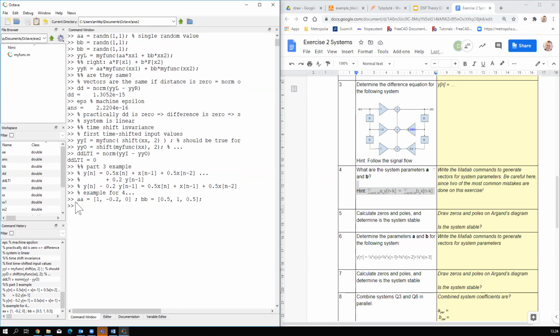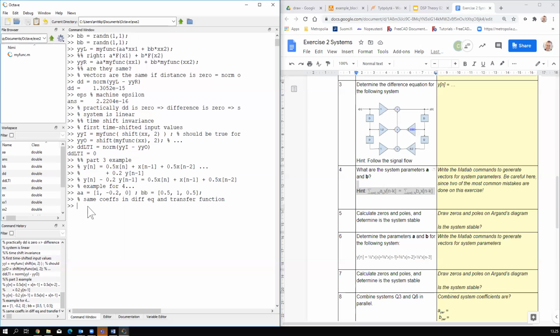But now we have the system defined. And after this, everything is simple, since these are the same coefficients in difference equation and transfer function, meaning the same coefficients can be used both in time and frequency domain.